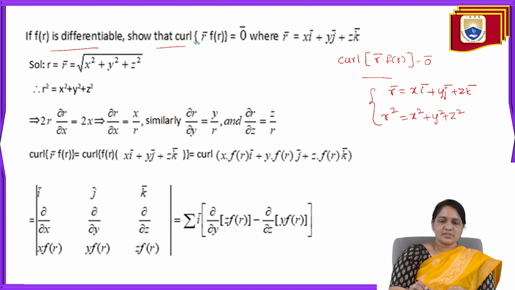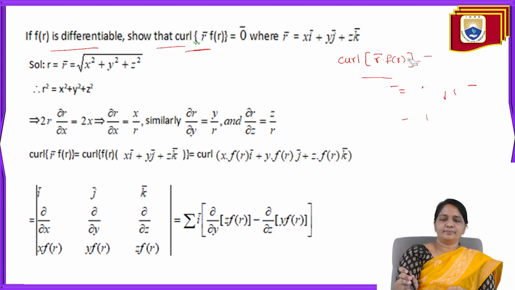So first we can calculate dou r by dou x, dou r by dou y and dou r by dou z by using r square. Why do we need these values? We can see here.